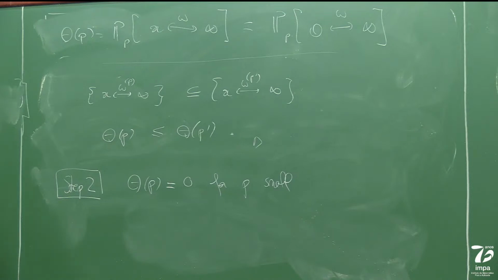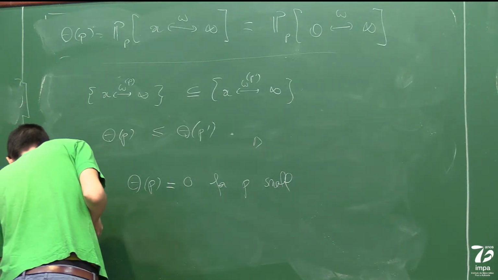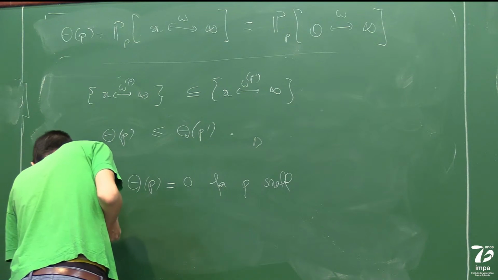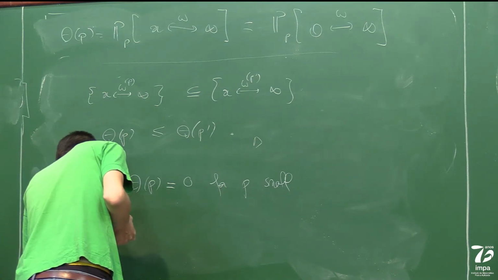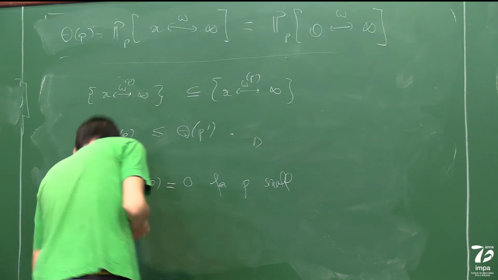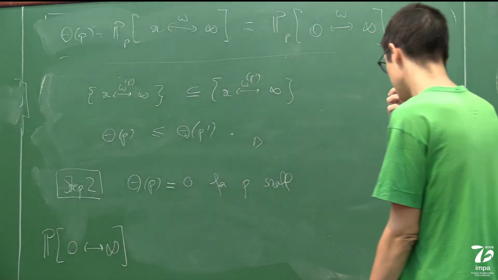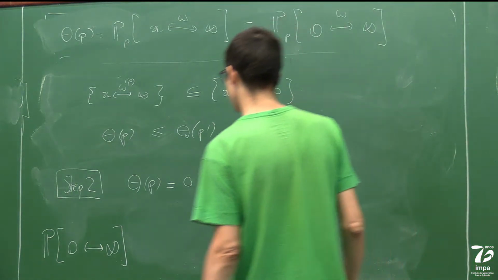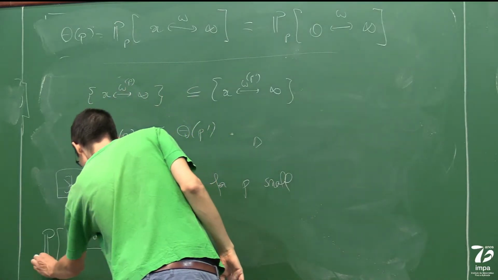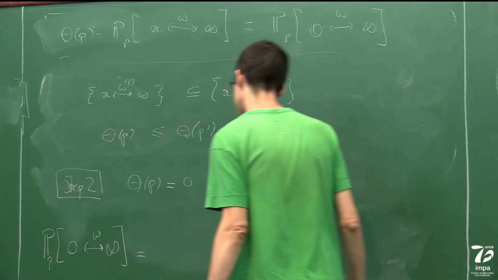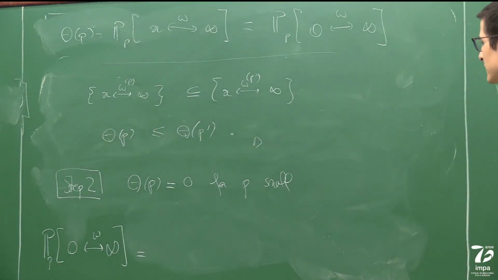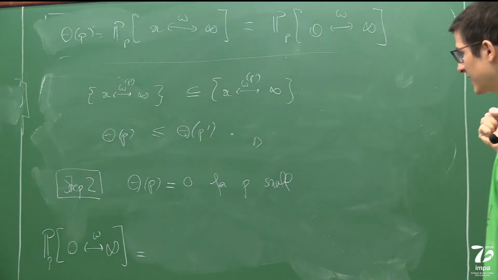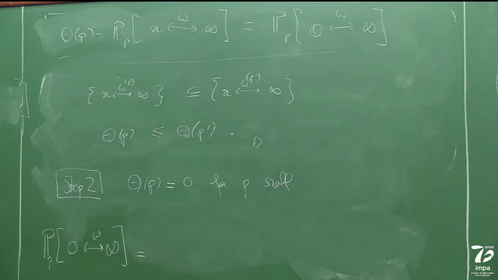Okay, so the observation here is that for 0 to be linked to infinity, basically I need an open path of length n going outside of 0.